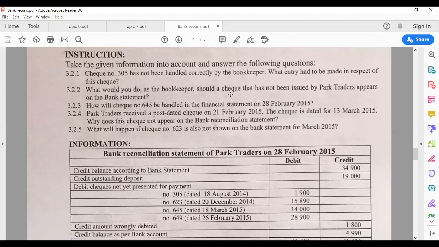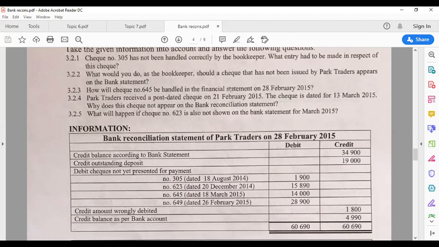Park Traders received a post-dated check on the 21st of Feb 2015. The check is dated for the 13th of March. Why does this check not appear on the bank reconciliation statement? What will happen if check number 623 is also not shown on the bank statement?